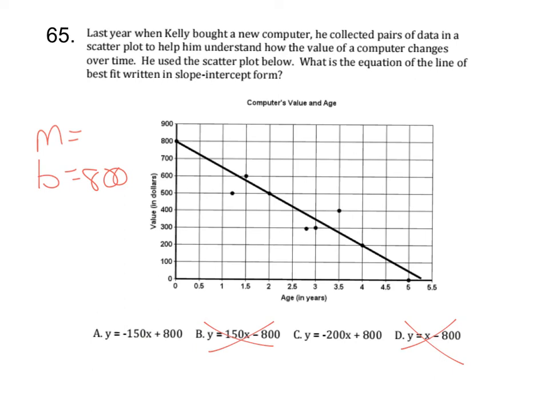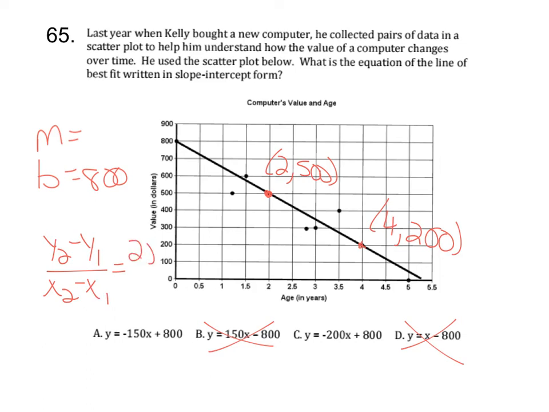So we really need to find the slope. We've got 2 points here. What have we got? The point (2, 500). And what are the coordinates of this point? (4, 200). So we're going to find our slope, change in y over change in x, y2 minus y1 over x2 minus x1.